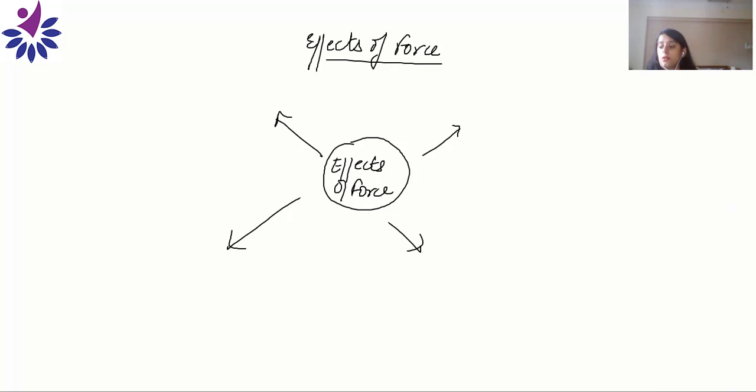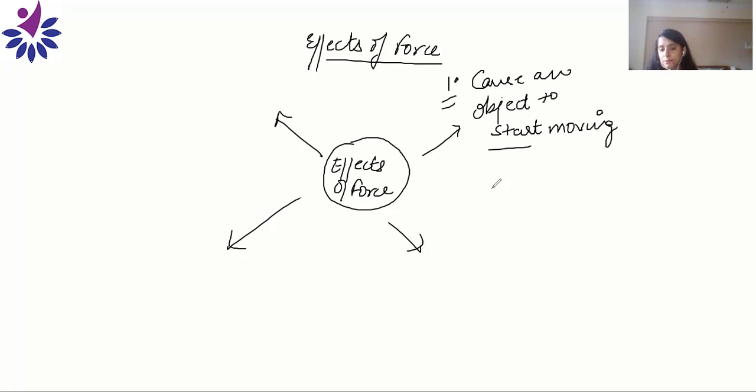So we are going to discuss four very general effects of force. Let's start with the first. The first effect is that a force can cause an object to start moving.